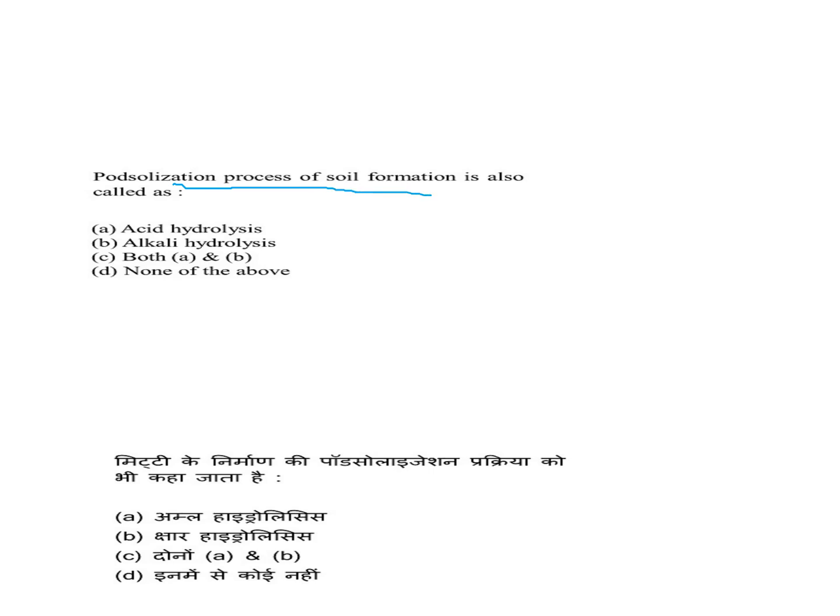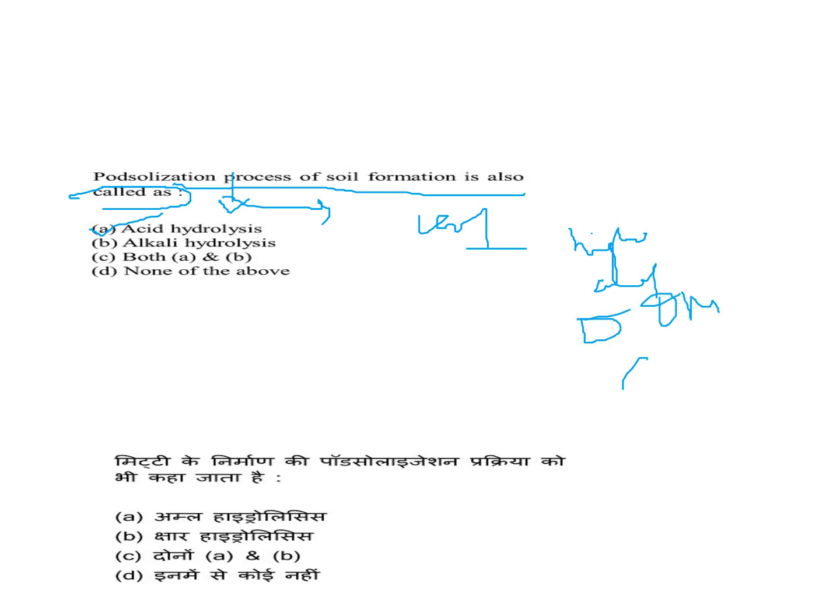The podzolization process of soil formation is also called acid hydrolysis. Podzolization generally occurs in cool and humid climate areas where high rainfall and decomposing organic matter create acidic conditions.